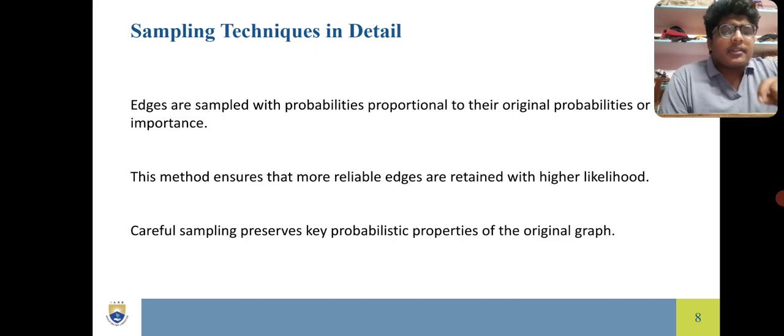Careful sampling preserves key probabilistic properties of the original graph. In uncertain graphs, sampling techniques play a major role because they ensure that more reliable edges are retained with higher likelihood, and they preserve key probabilistic properties of the original graph.